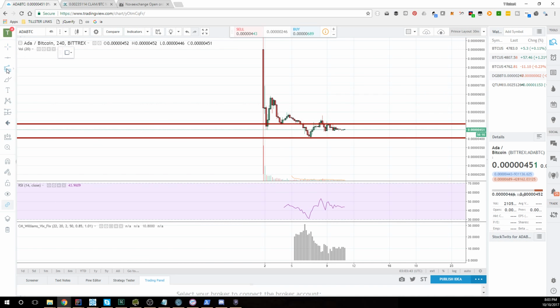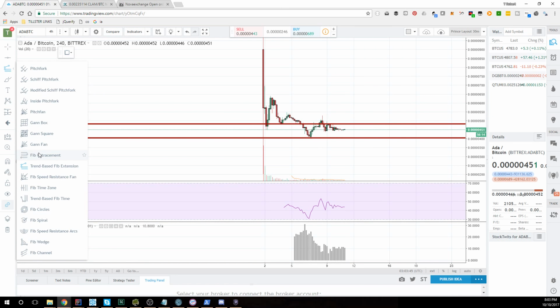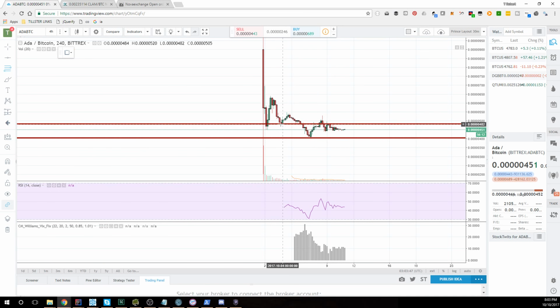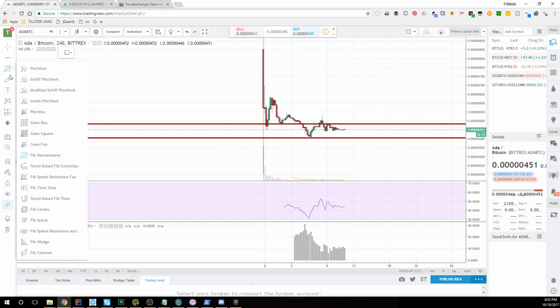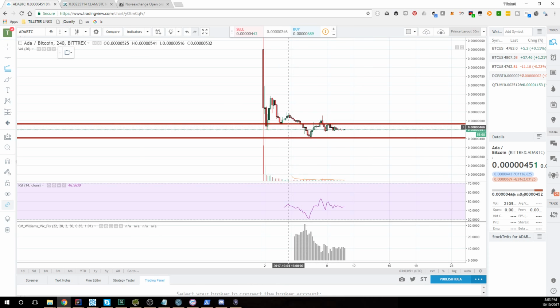I want to do the reverse of that. I want to do a fib extension, and what I want to do is take it from this nice top up here, and come down and measure this.